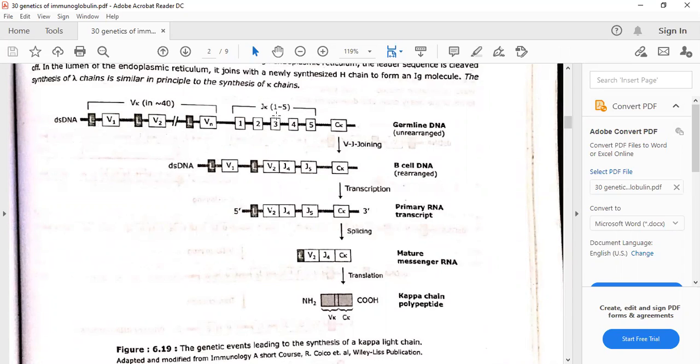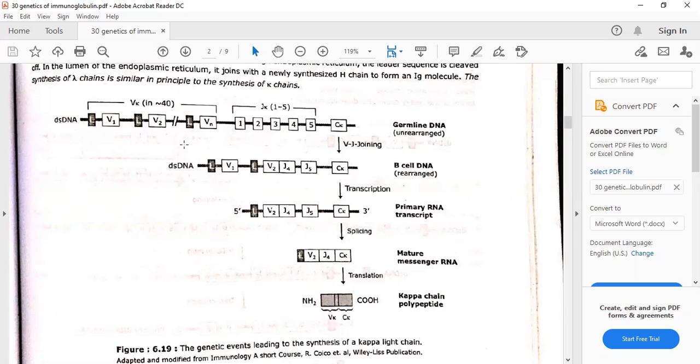Here are J1 to J5. So in the light chain, there is a cut between V2 and Vn, which will cleave this region completely.